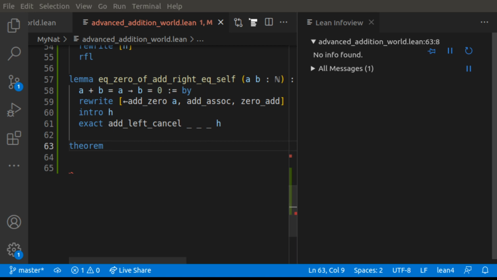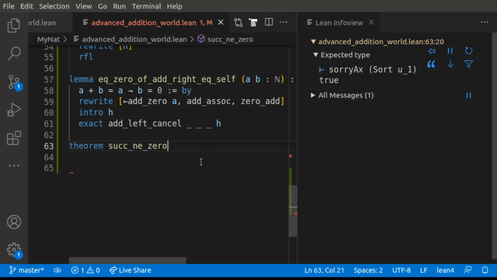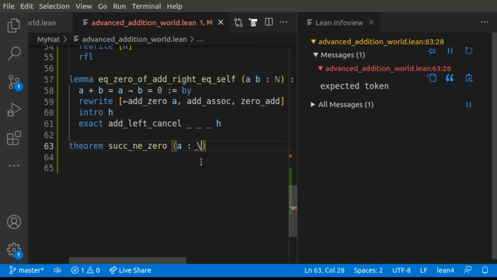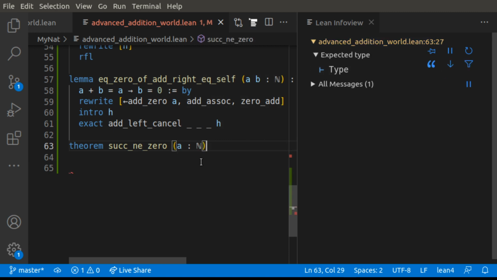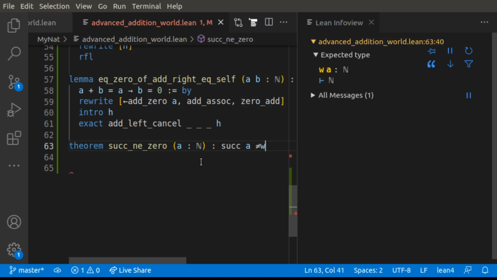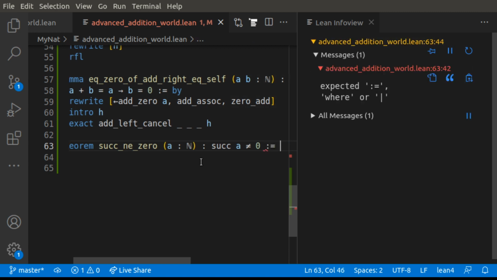Theorem: successor of a not equal to 0, a a natural number. Successor of a not equal to 0 by what?